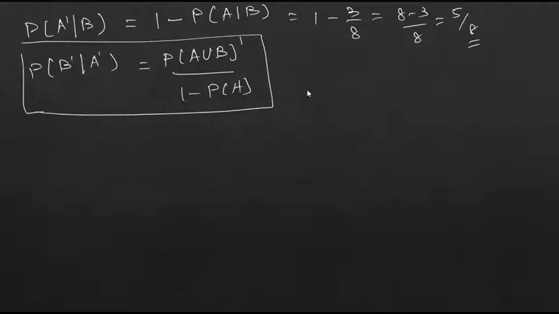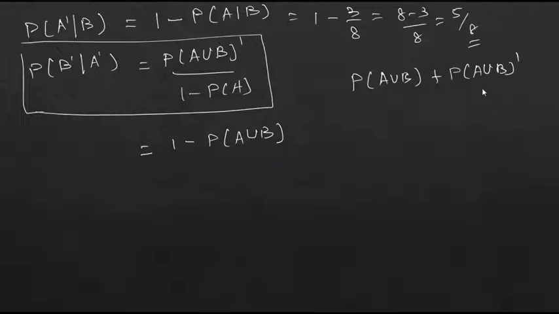The probability of (A union B) whole dash is nothing but 1 minus the probability of A union B, because the probability of A union B plus its complement is equal to 1.